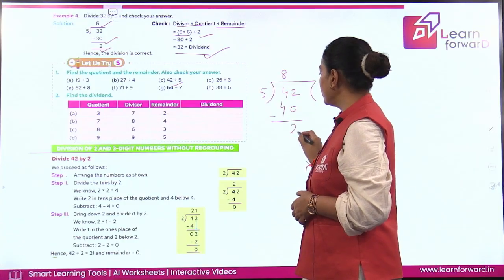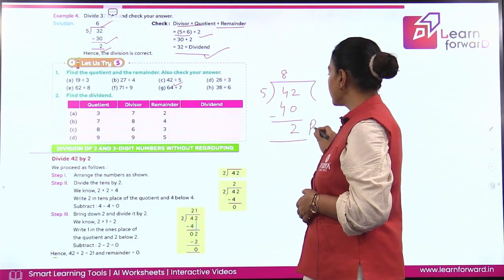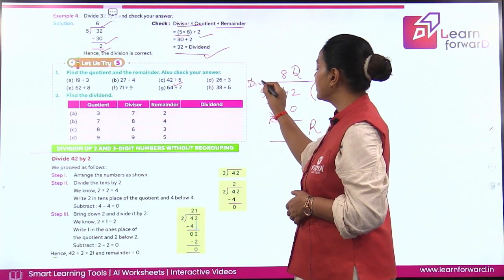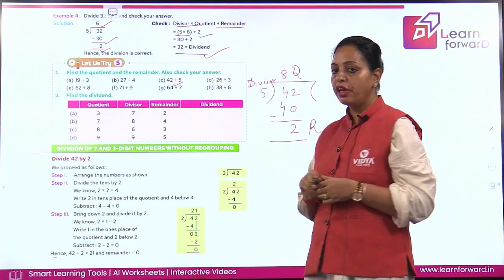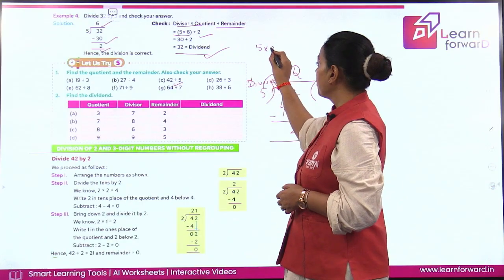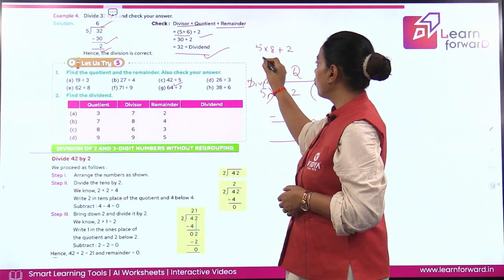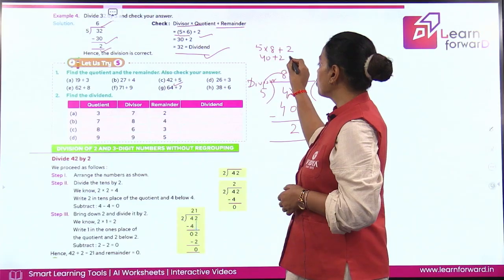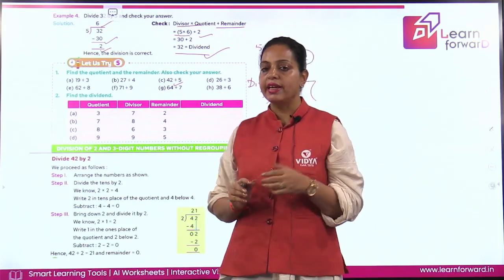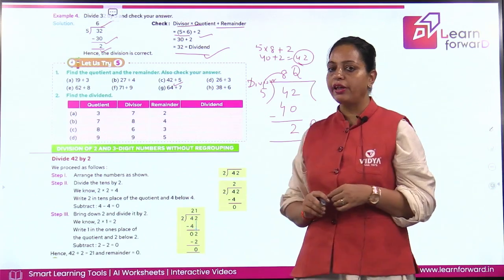We are getting 2 here. So 2 is remainder, 8 is quotient and 5 is divisor. अब हम check करें अपना answer. So 5 into 8 plus 2. 40 plus 2. So we are getting dividend only. It means our division is correct. Similarly, you can try remaining parts.